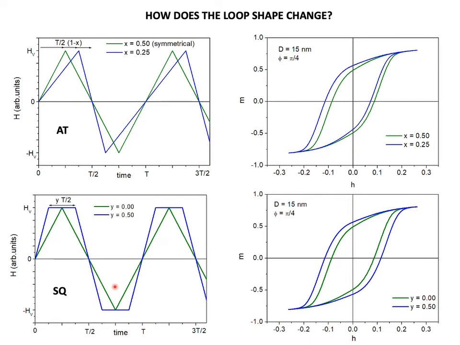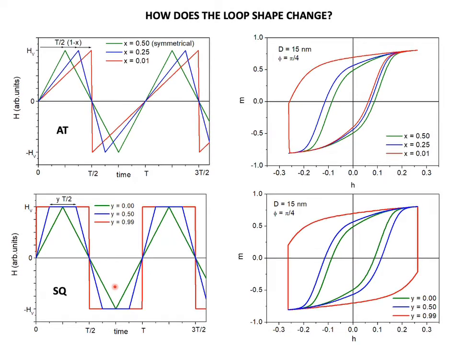By briefly changing these two approaches, we can see how the hysteresis loops are modified, and even more in the case that we go towards an asymmetric waveform for the upper graph.